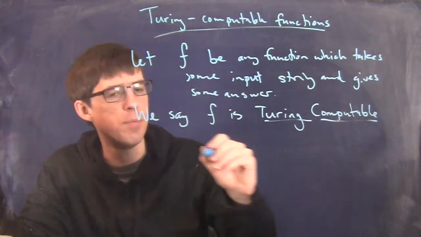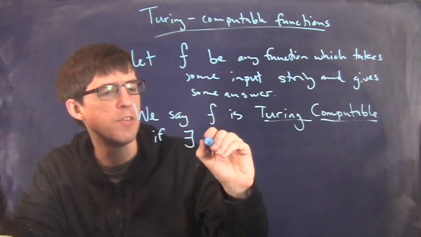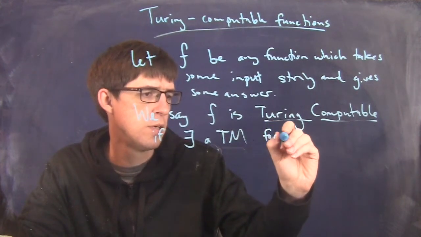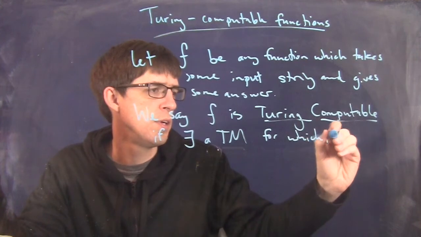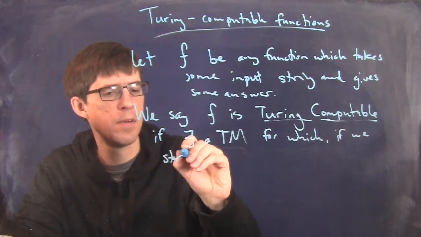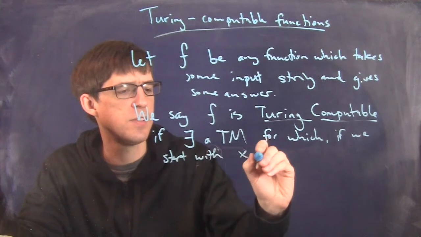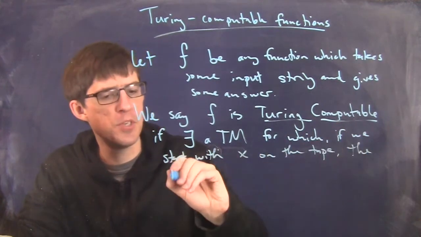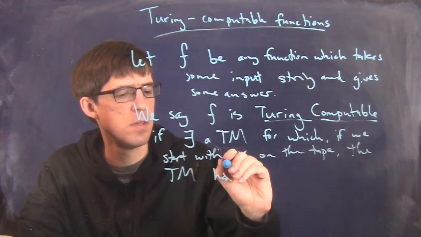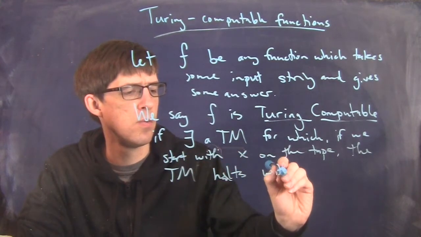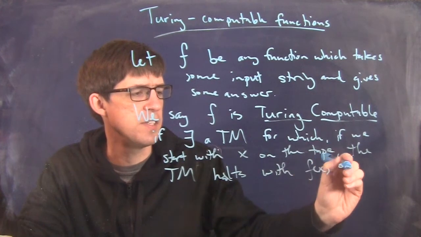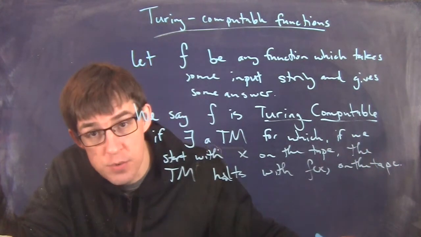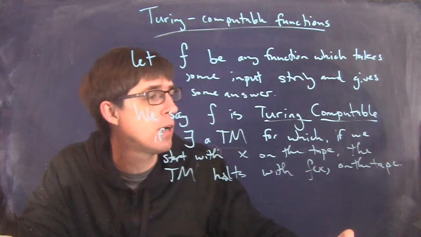So we say f is Turing computable if there exists a Turing machine for which, if we start with x on the tape, the Turing machine halts with f of x on the tape. If that is true, then we say the function is Turing computable.